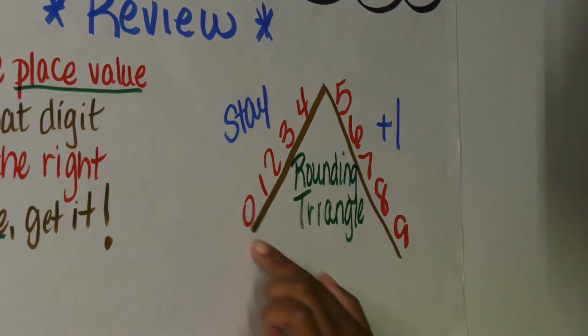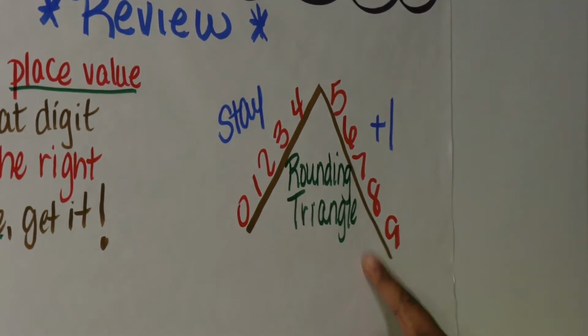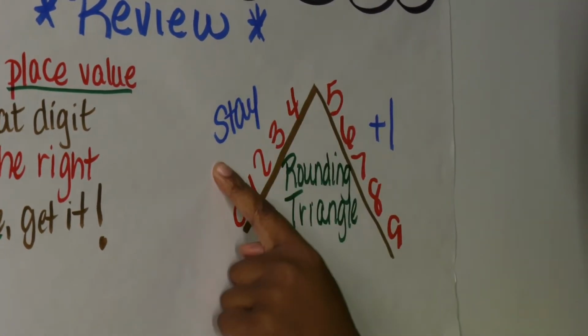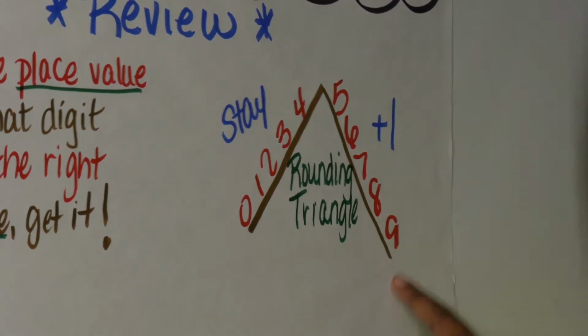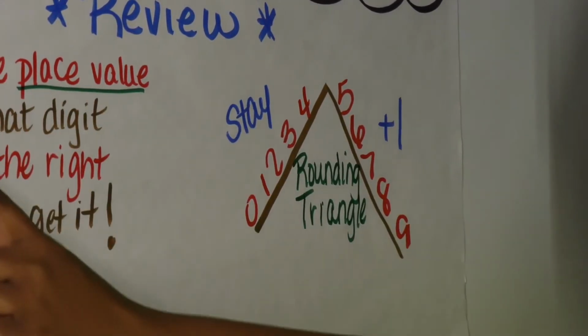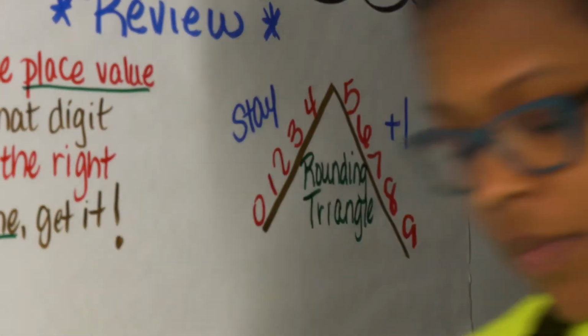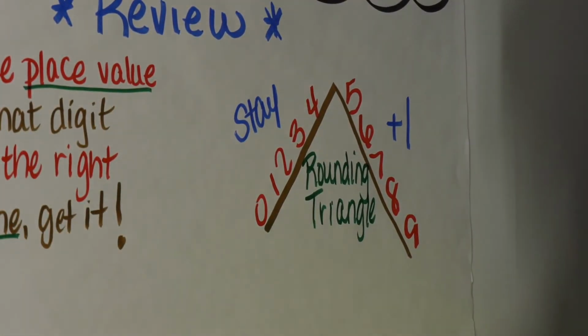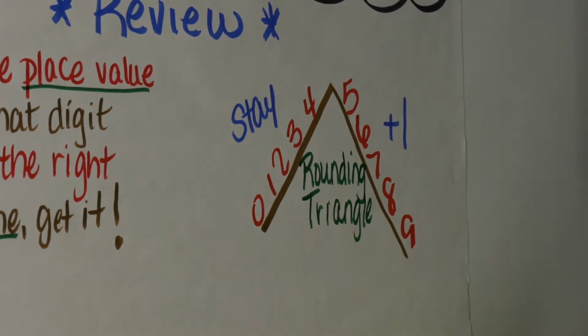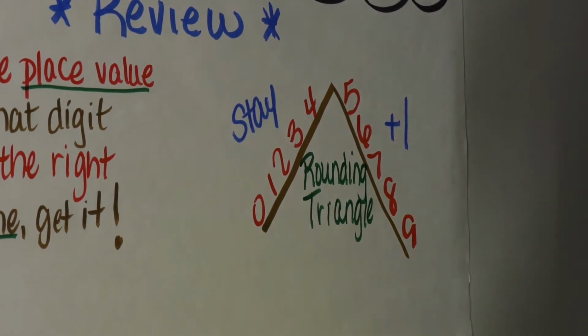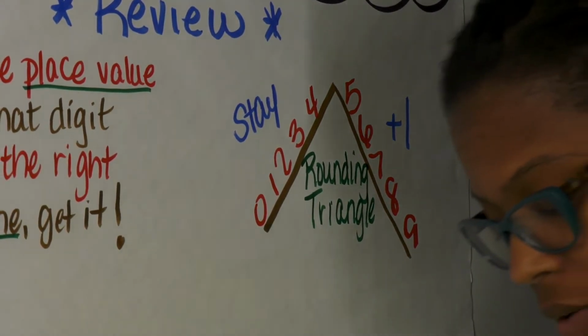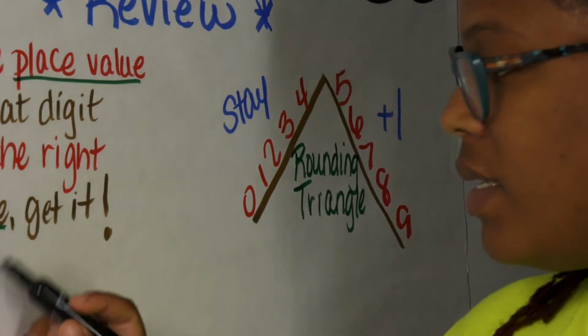Whatever we underline, we're going to get that information from our rounding triangle. 0 through 4, we stay the same. 5 through 9, we add 1 to that circle digit. So I'm going to go over an example in tens, hundreds, thousands, and then decimal as well for our 5th graders, or those of you who want to get a head start.